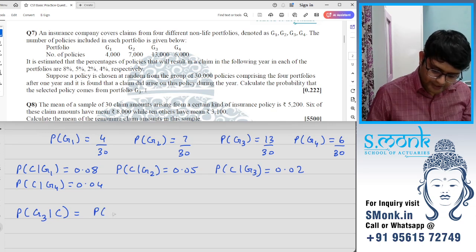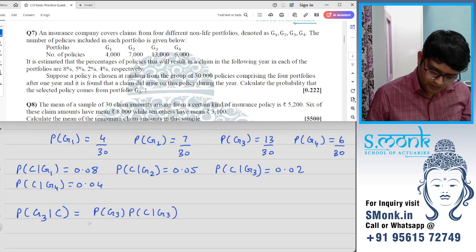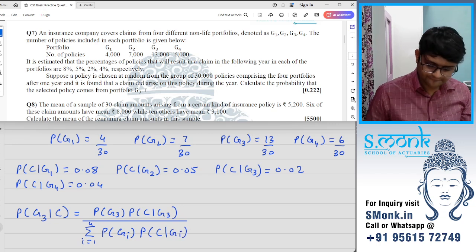We'll say probability of G3 times probability of C given G3, upon the summation, i going from 1 to 4, of probability Gi times probability C given Gi.